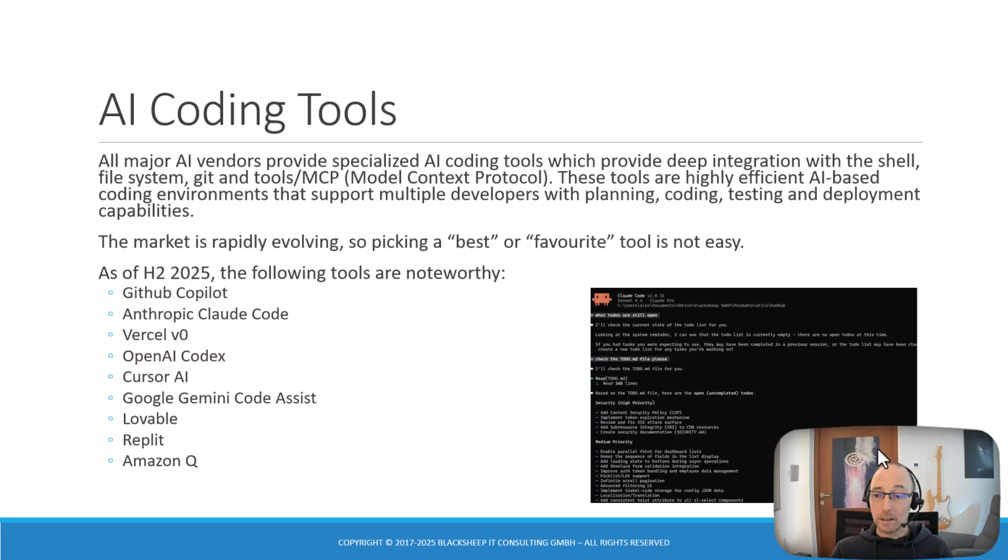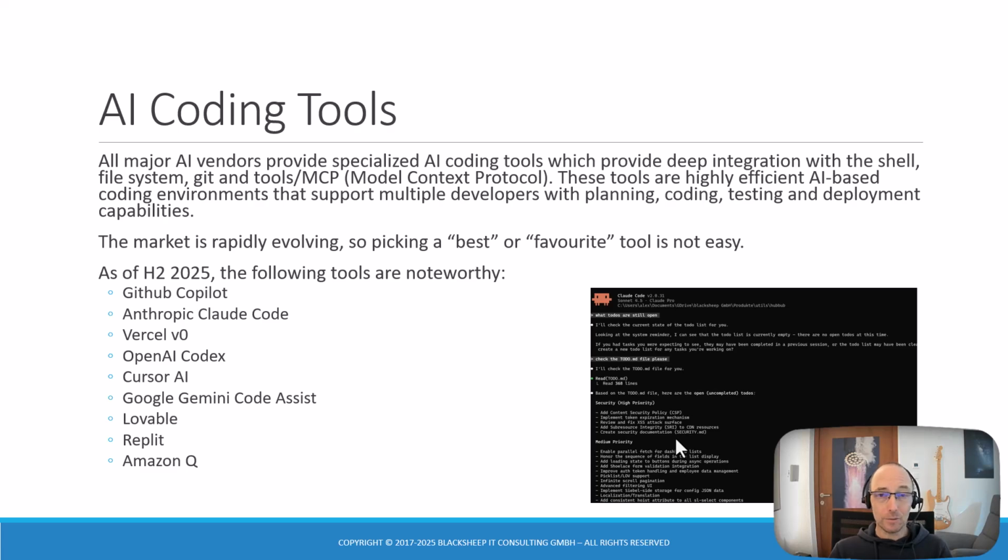But almost all of the major vendors now provide specialized AI coding tools. They have the integration with your local file system, with Git, with Model Context Protocol, MCP servers, with your shell, with your terminal. And those tools are highly efficient in supporting developers with planning, designing, coding, testing, and deploying, the whole CI/CD shebang.